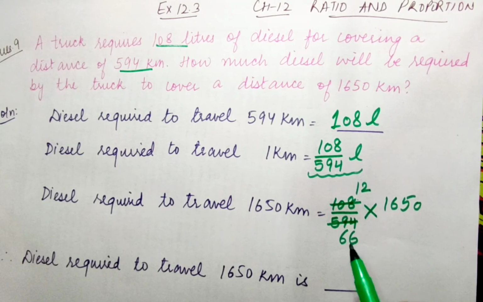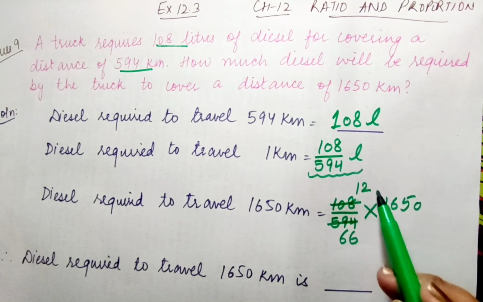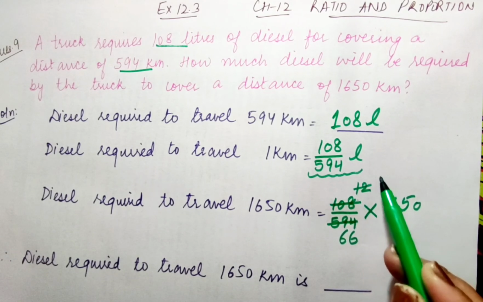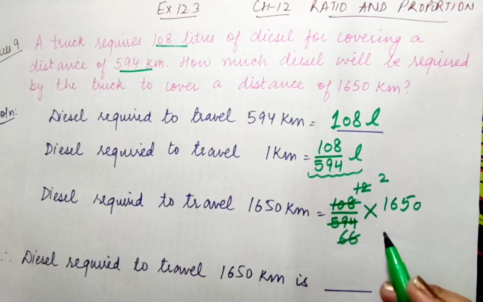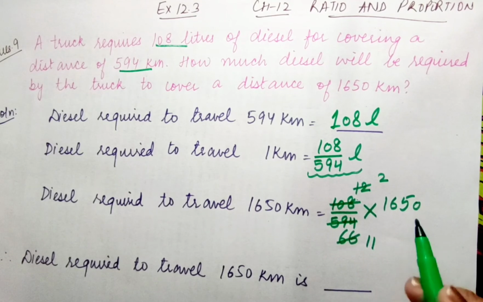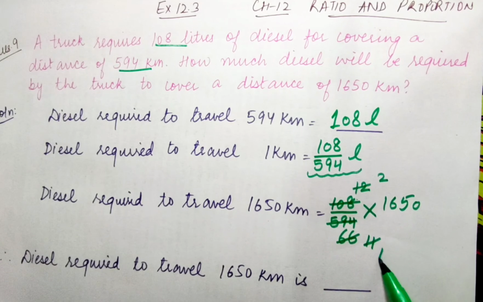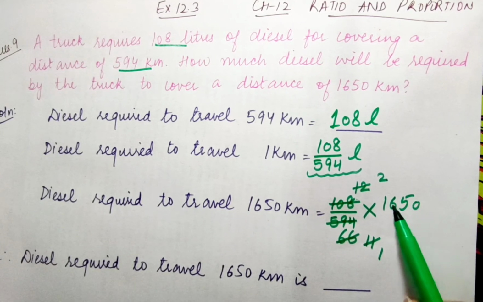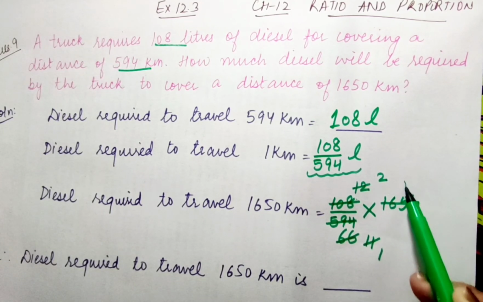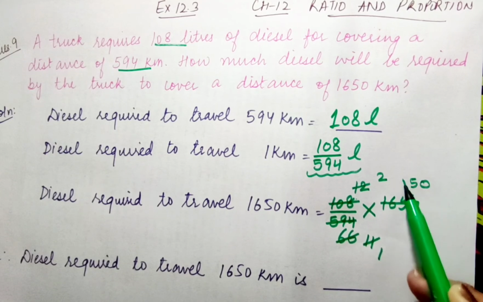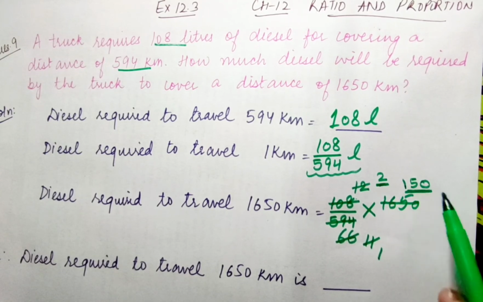Okay, so now again 12 and 66 I can cut with table of 6. So 6 2s are 12 and 6 11s are 66. So now 1650 and 11 can be cut. So 11 ones are 11, and when you cut it with the table of 11 you will get 150. So now the remaining is 2 and 150.